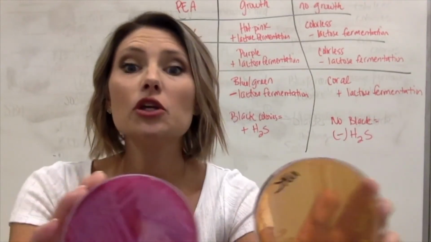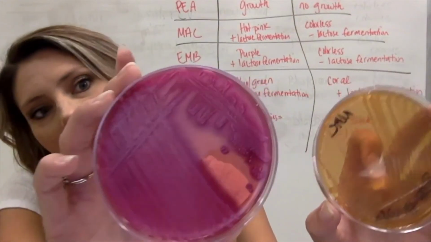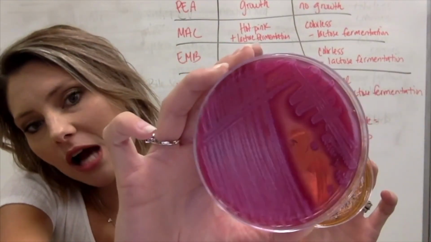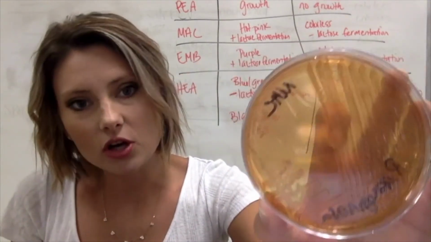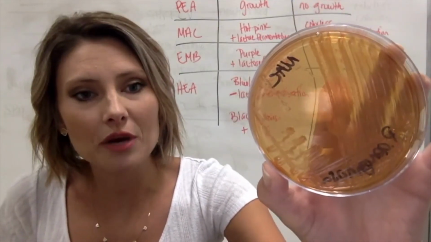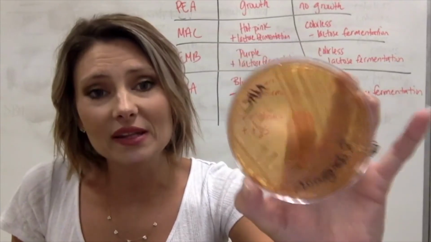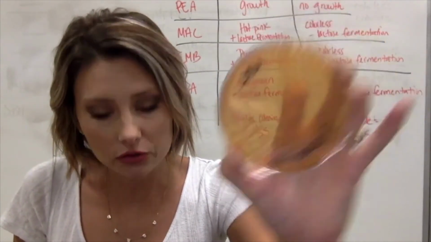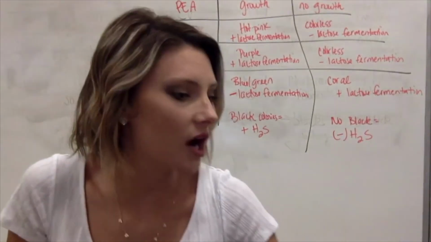There's a huge difference between these two. All these colonies have that bright hot pink color to them. That's positive. These are colorless. They're clear. So this is a negative reaction for MacConkey. This means Pseudomonas is gram-negative. It grew, but it cannot ferment lactose. So you get the colorless colonies. Okay, so that's it for MacConkey.